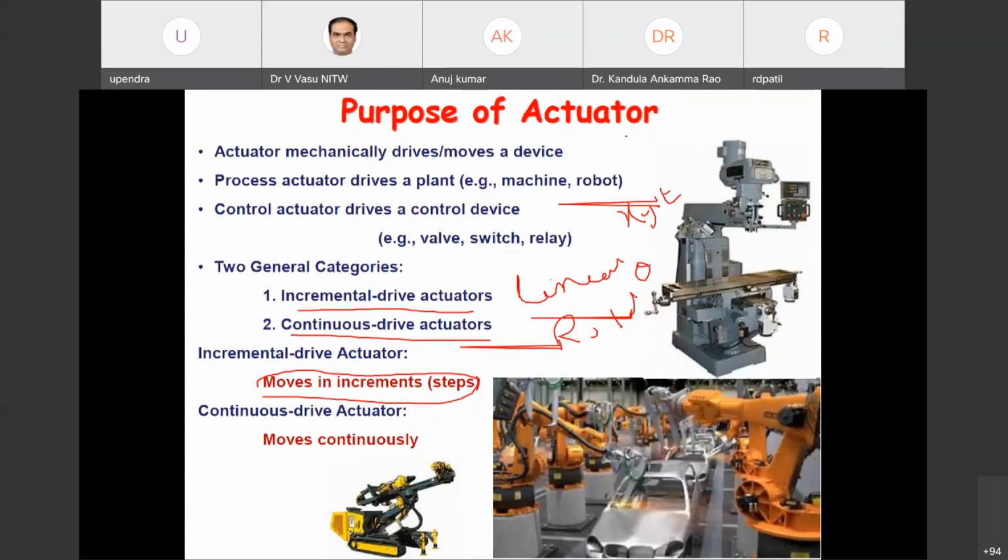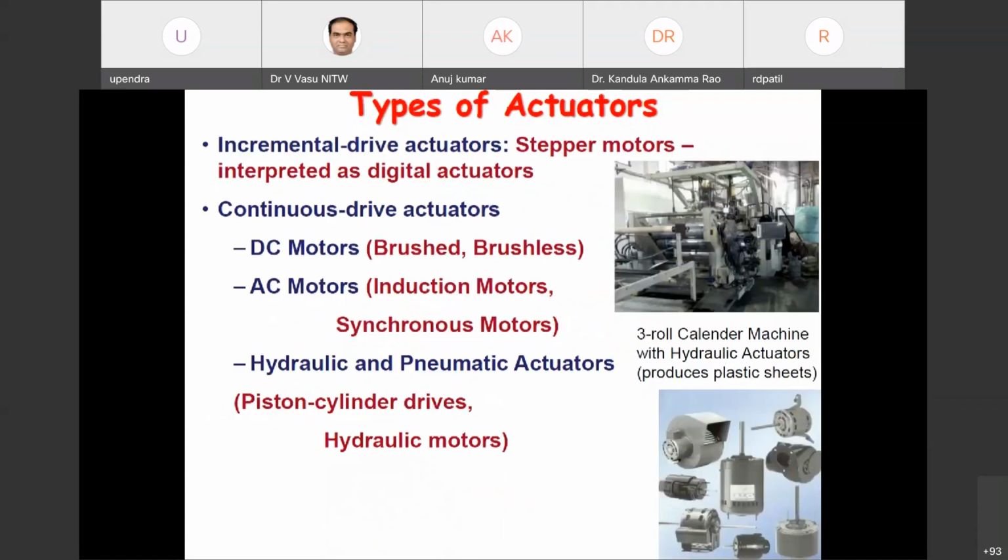Incremental actuators move step-wise, in small steps, and continuous actuators give continuous movement. We will discuss the different incremental drive actuators and continuous drive actuators which are mainly used in robotics.